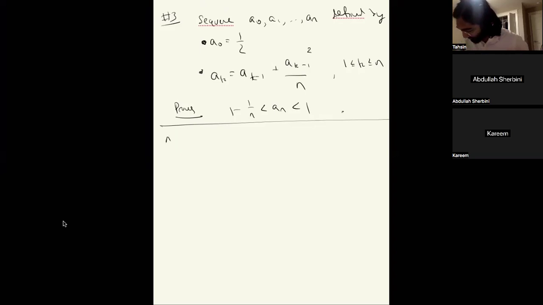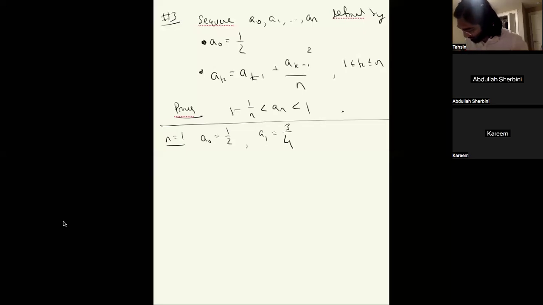Maybe we can write out a few examples. For n equals 1, the sequence goes a0 equals a half, and then a1 is equal to 1/2 plus 1/2 squared, so that's 3/4.